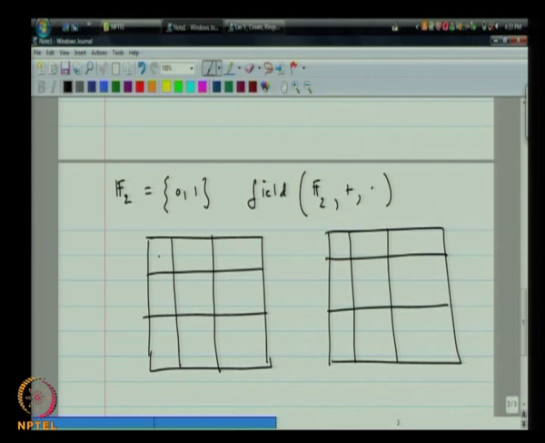So, this is under, let us say plus, so you have 0 1 and 0 1, this is dot and you have 0 1 and 0 1.